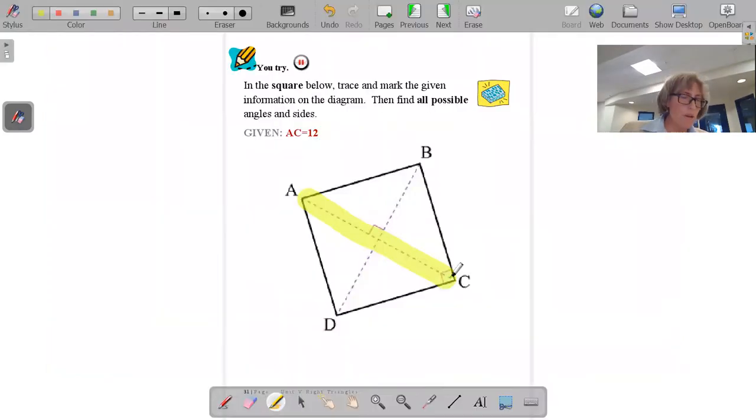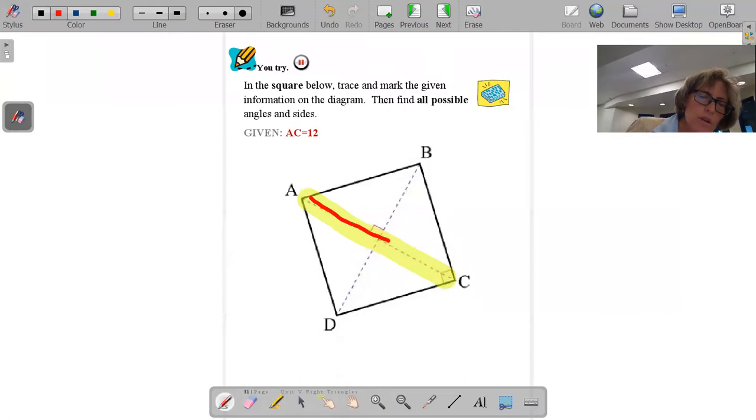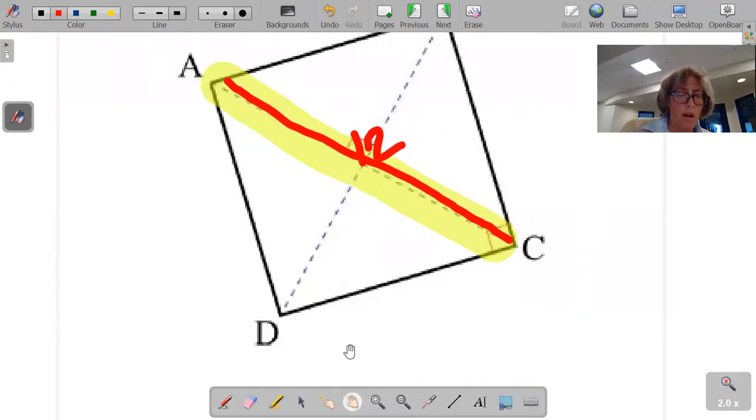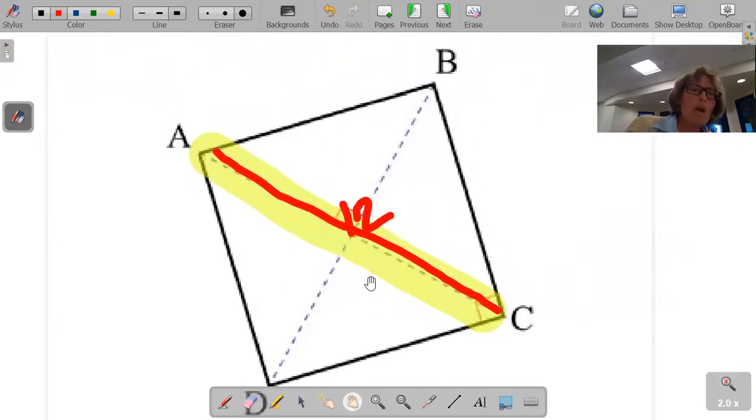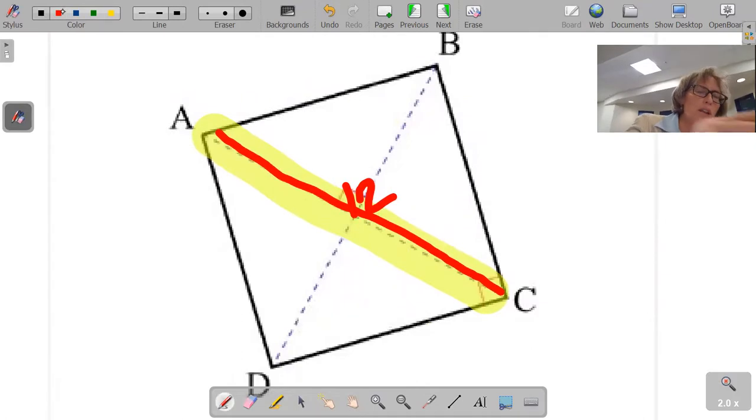Okay, let's see how you did here. So this whole thing, you were told, is 12. Now you ask yourself, what's true about a square? Couple things. One, a square qualifies as a rectangle, so automatically you know you have 4 right angles.